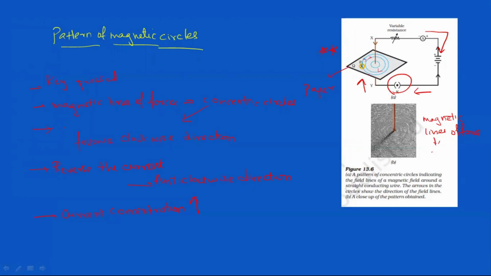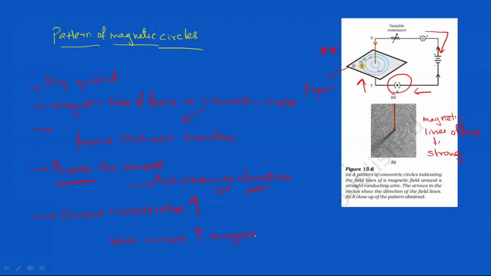Now, third case. Suppose I reverse the current. Instead of clockwise, they will now flow anti-clockwise. This is the current carrying conductor and magnetic lines of force. What we learned is that when the current increases, the magnetic lines of force also increase and are strong enough.